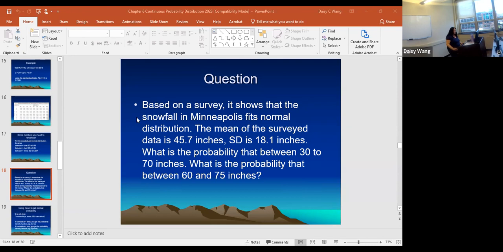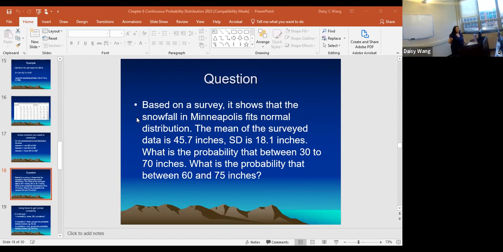We can copy the whole thing and double click. So this one is 75, and the next one is 60, with the standard deviation and normal distribution, and then minus.